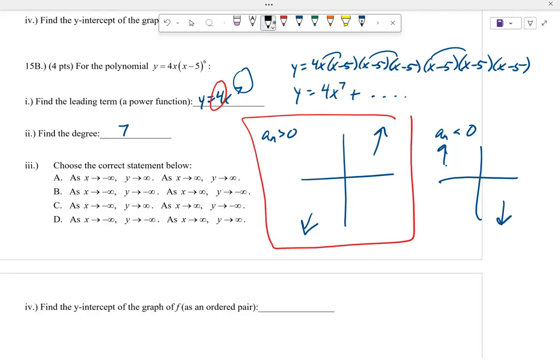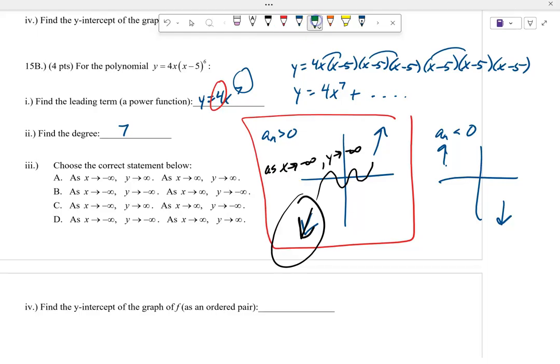So as we follow this thing to the left, again, I don't know what it does in the middle here, but as x goes left, notice the y is going down.